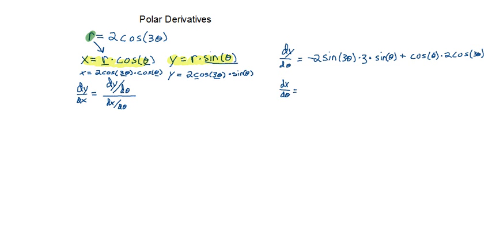So the derivative of the first, I'll highlight it here for us. I'm going to do a little bit in my head here. I know I'm going to multiply the inside times the outside, so that is going to be negative 6 times the derivative of cosine, which is sine of 3 theta. I already multiplied by the 3 to get negative 6, so I don't need to do it again. Times the second, which is cosine theta.